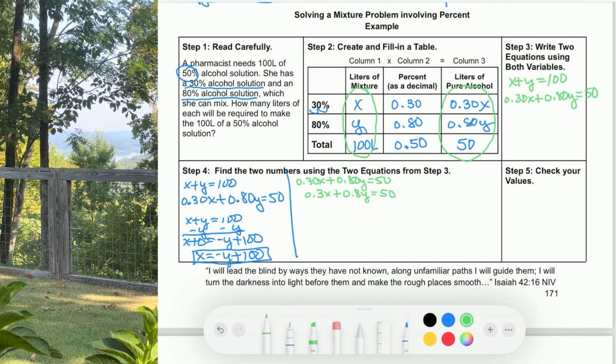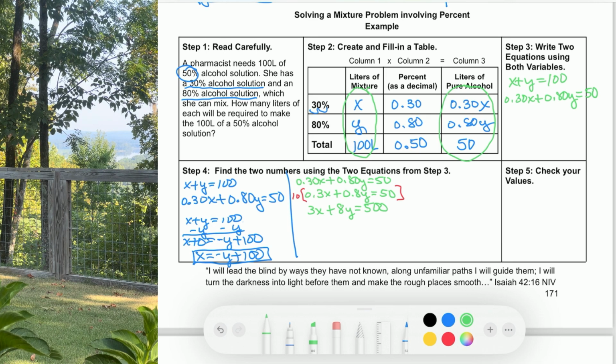Now, before I do substitution, I want to get rid of my decimals. So I'm going to multiply everything by 10 because we have the 10th place value here. All right, so I end up with 3x plus 8y equals 500. That's a lot easier to work with than a decimal, right?